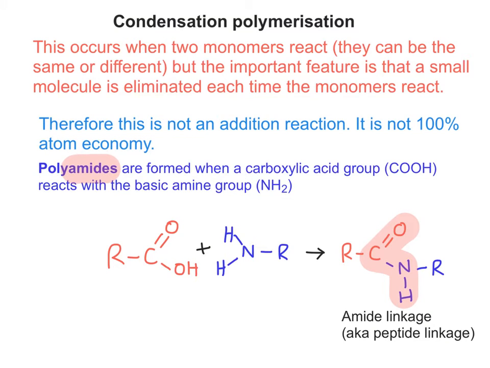It's also known as the peptide linkage. The peptide bond is something that's referred to quite a lot in biochemistry. So if you're taking biology as well as chemistry, you may have heard of the peptide linkage already. So this is the model of the peptide molecule. Or to be more precise, it contains the peptide link, so it's called a peptide.